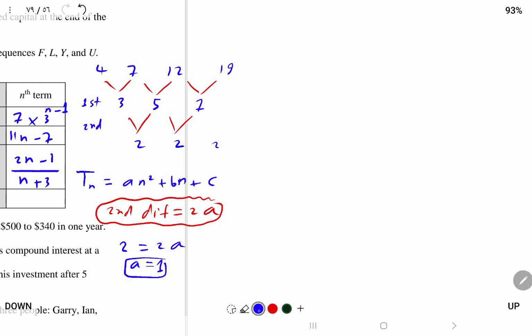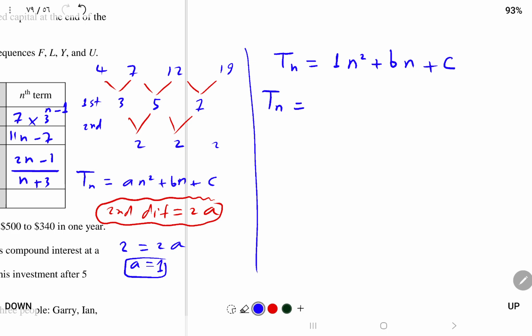So let's replace a in the equation. So we get Tn is equal to 1n squared plus bn plus c. Now let's take any value and replace it in Tn.